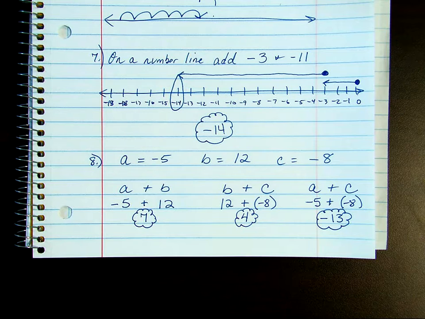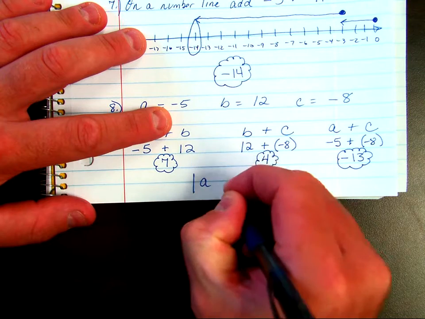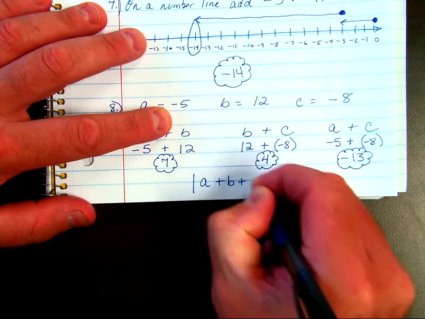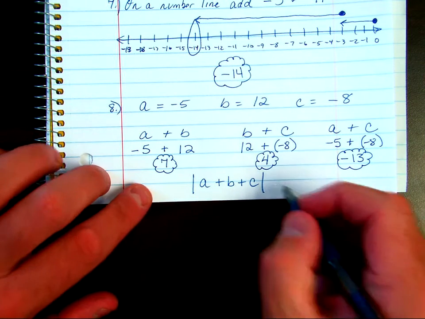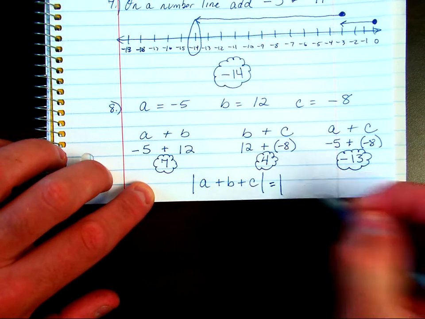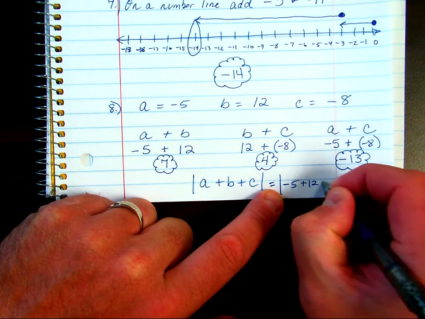Absolute value of A plus B plus C. -5 plus 12 plus -8.